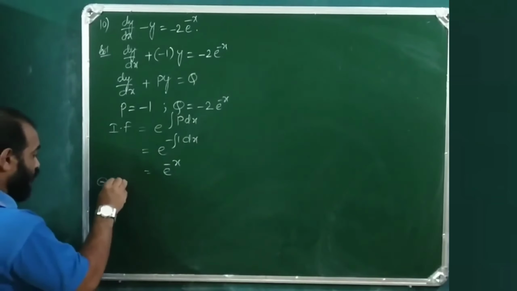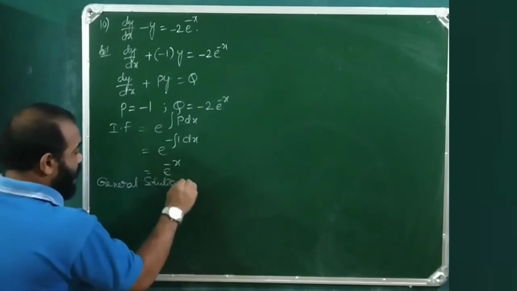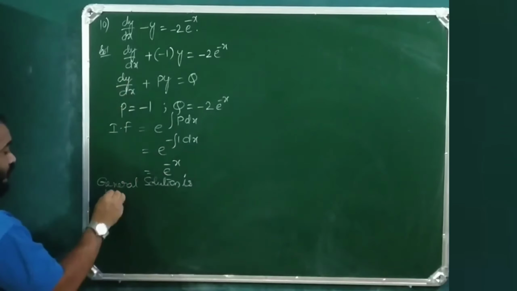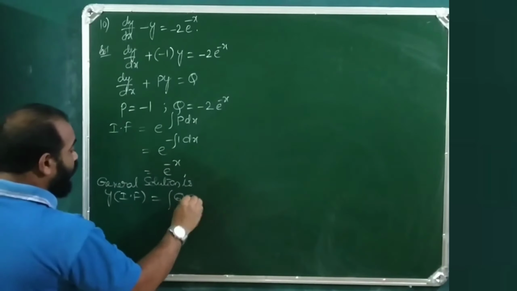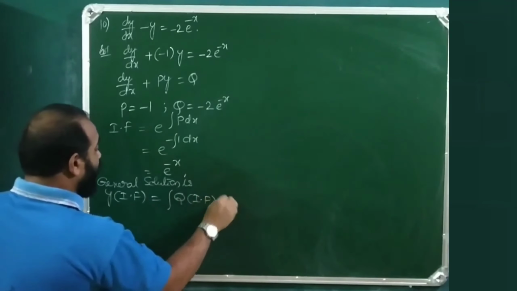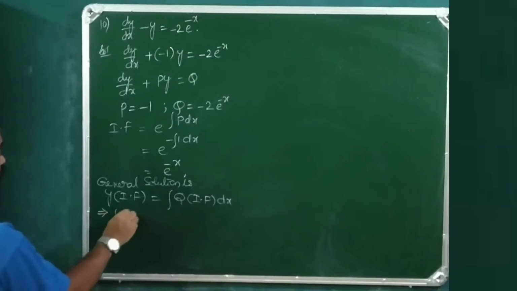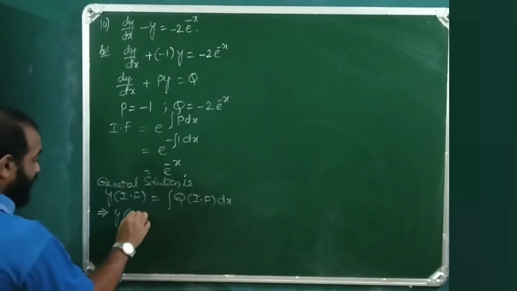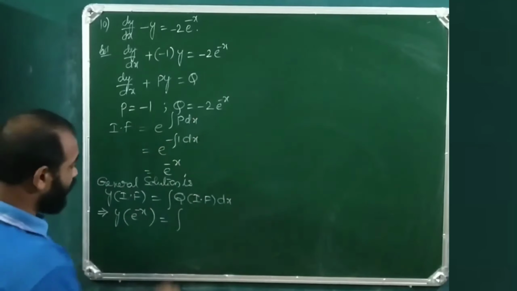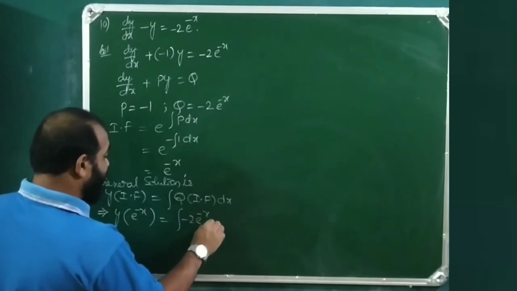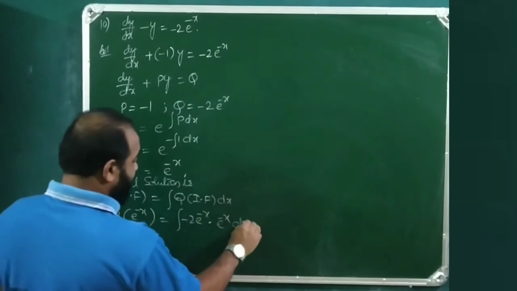So the general solution is y into integrating factor equals integral q into integrating factor dx. So y into e power minus x is equal to integral of minus 2 e power minus x into e power minus x dx.